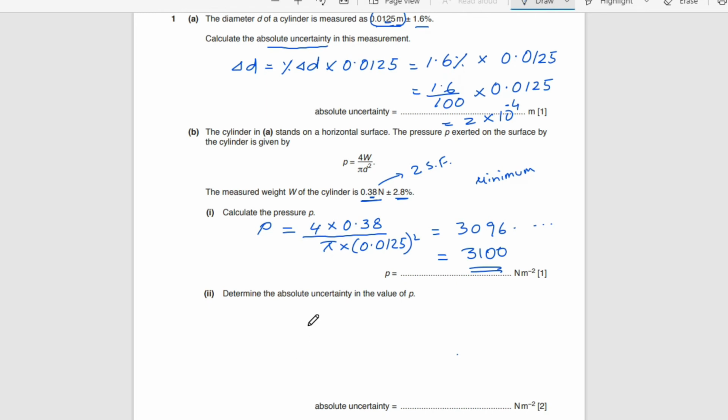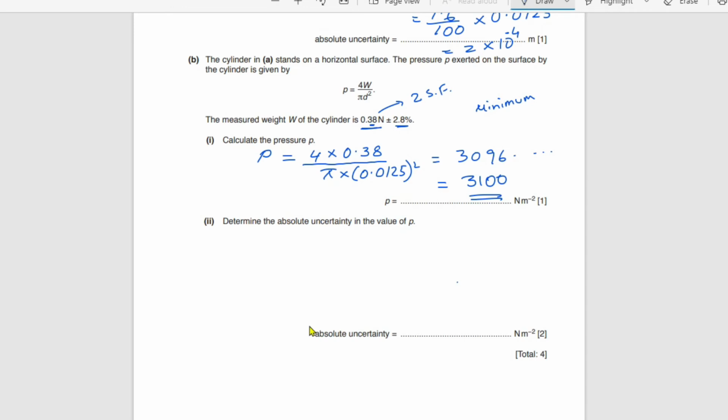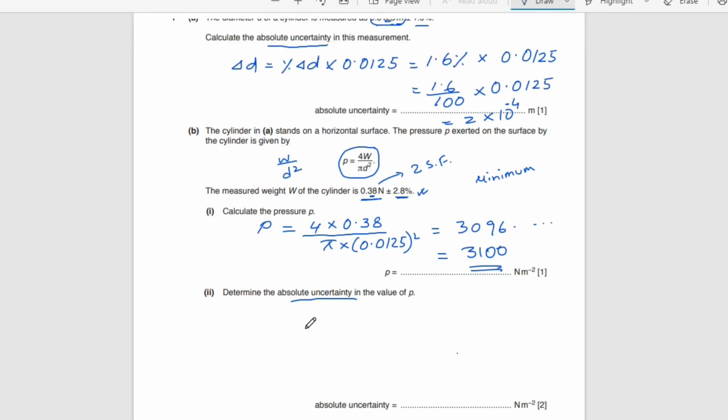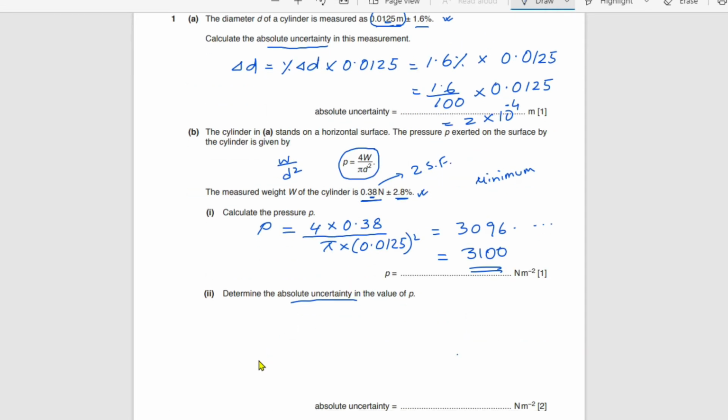Now we have to find out the absolute uncertainty in the value of this pressure. You see the pressure equation, it is W by D square, 4 and pi being numerical factors omitted from the calculation of uncertainties. W means weight by square of diameter. So it is in division form, and the percentage uncertainties are stated in the question. Our information has been given in terms of the percentage uncertainty.